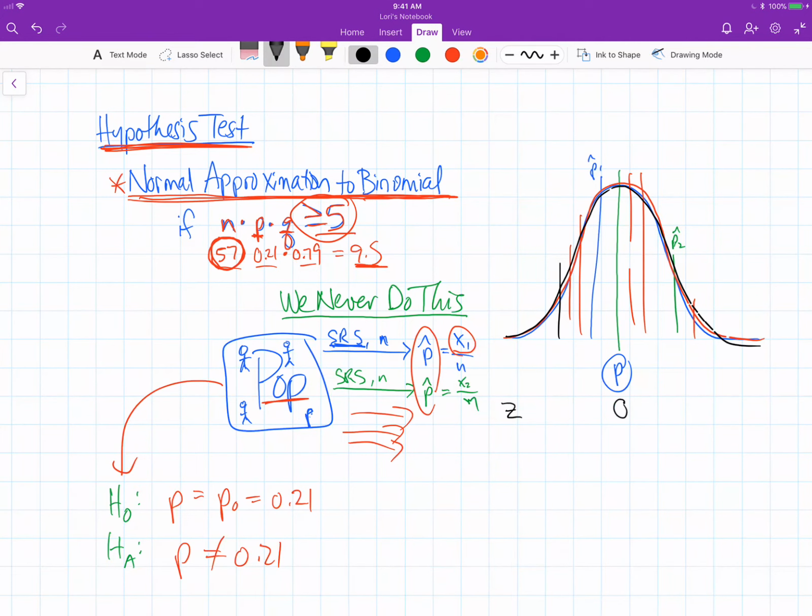A z of 0 is in the middle, and then 1, and then plus 2, and minus 1, and minus 2, just like what we saw before. Because we have a large enough sample size, we can use this to approximate what our distribution will look like and whether this will be related to our null and alternate hypothesis. Okay, so that's where this distribution comes from.